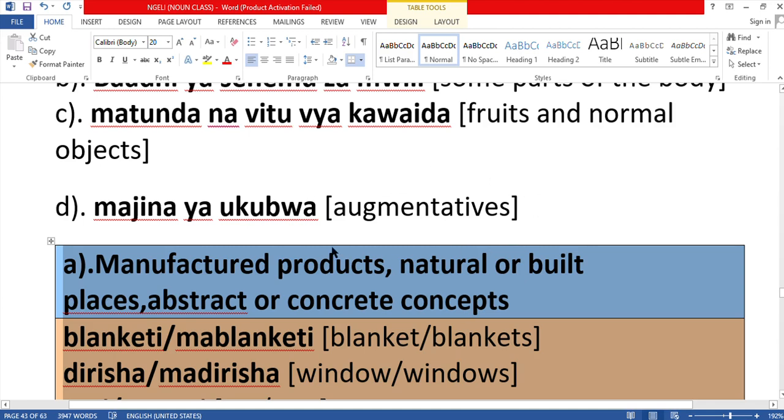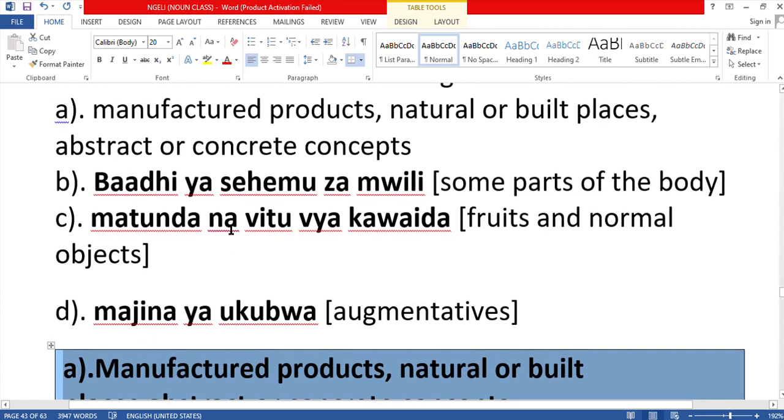Instead of saying mtoto, which is a child, you say jitoto. Instead of saying gari, which is a car, you say gari, and it is very big. All nouns used in this form fall in this category of Liya, or the Jima class.